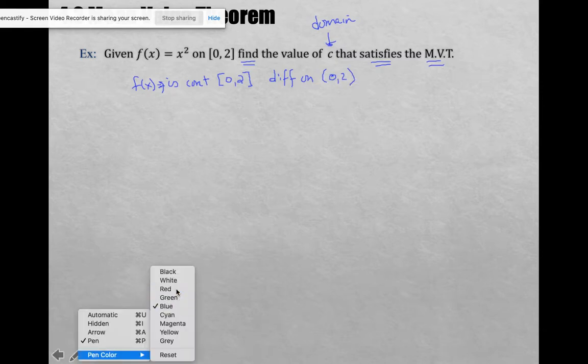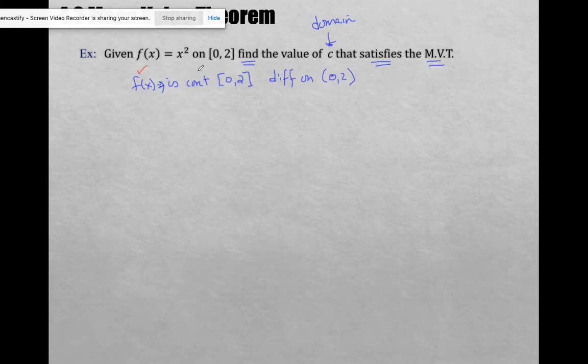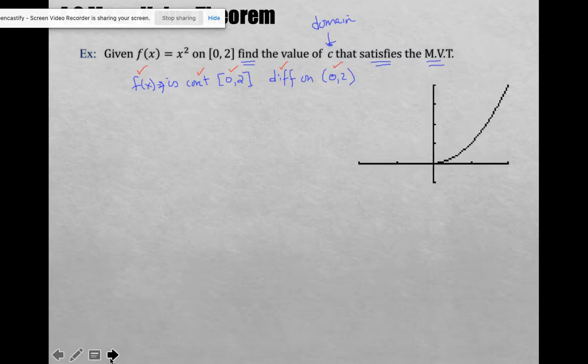So those are the conditions. Function, continuous on closed, differentiable on open. Now, of course, that was sounding silly for x squared, right? Because x squared is both continuous and differentiable everywhere.